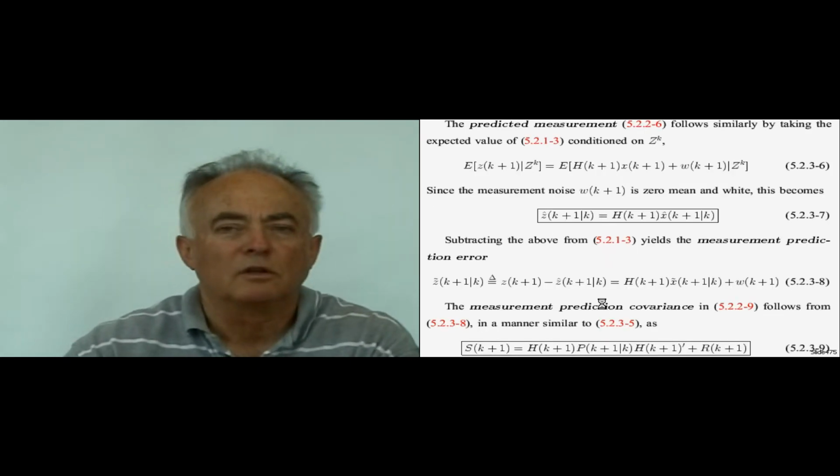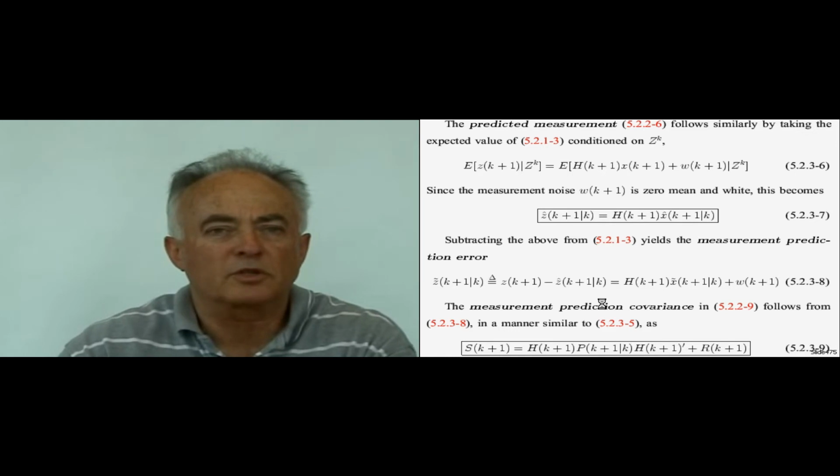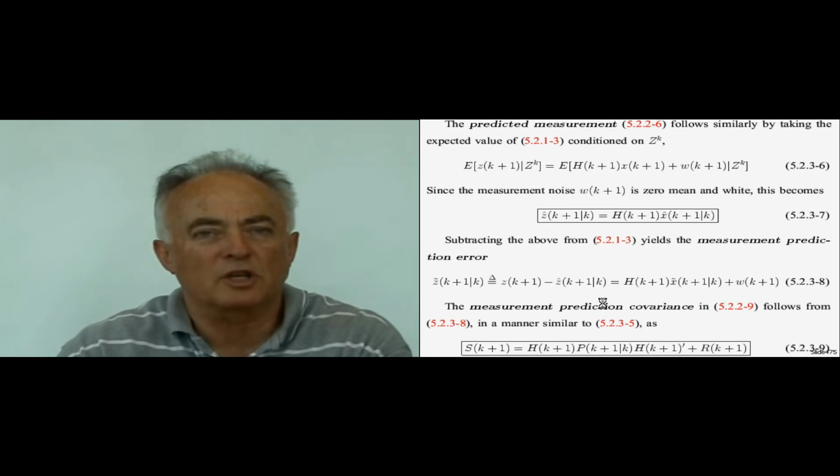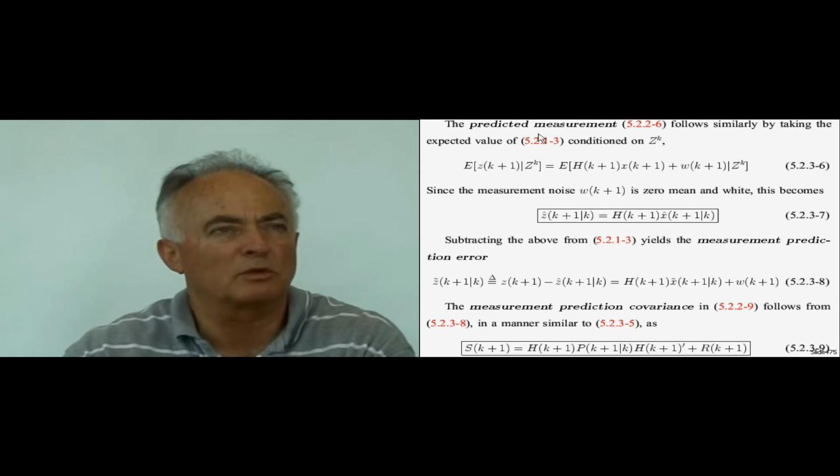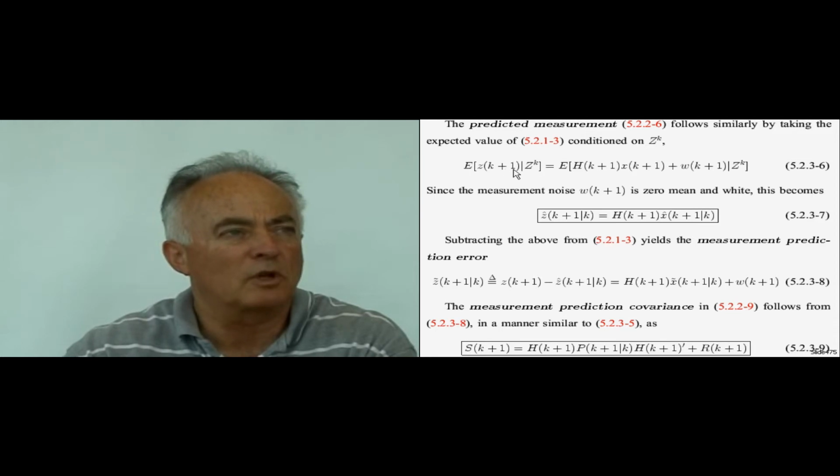Now, having done the predicted state and the covariance of the predicted state, we need a predicted measurement. It will follow in a similar manner by taking the expected value of the measurement equation. So E of zk plus 1 given z super k is E of hk plus 1, that's deterministic, xk plus 1 plus wk plus 1 given z super k.